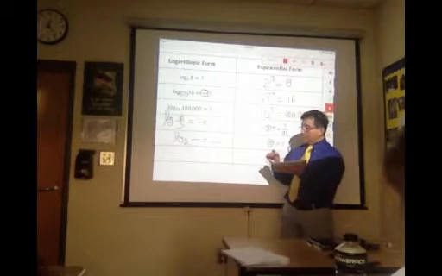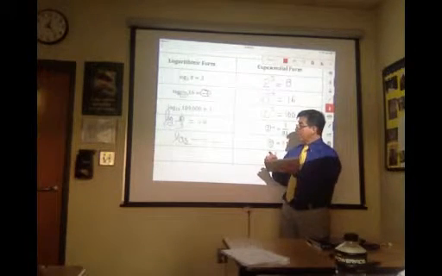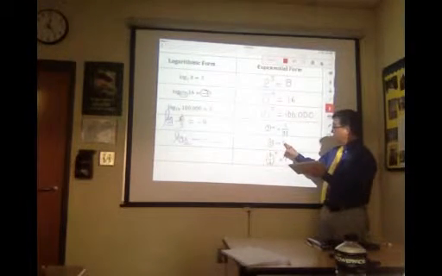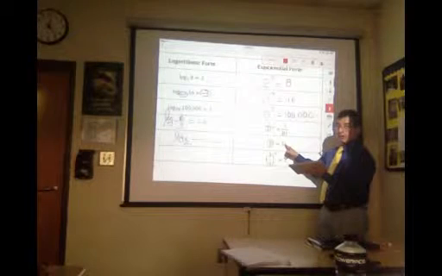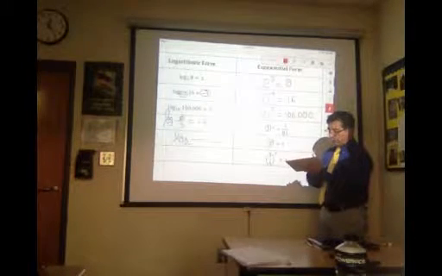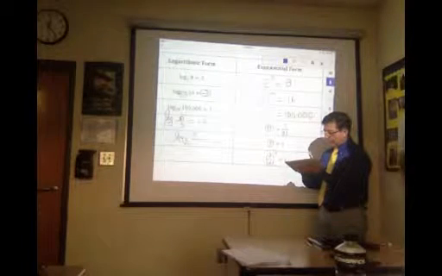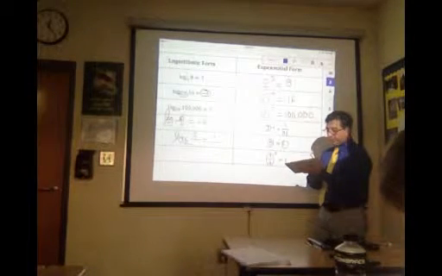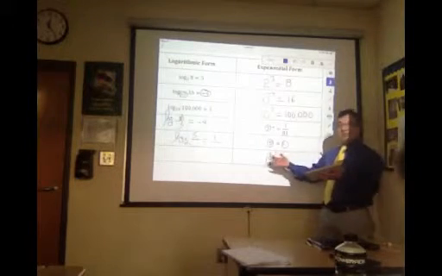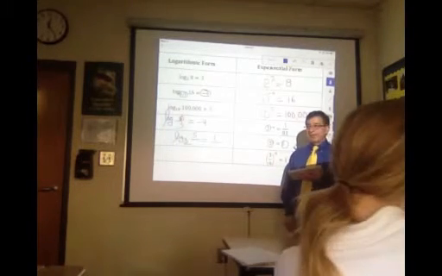What is the argument? 5 equals 1 of 5. So this 5 here is equal to the power. Always the exponent is on the other side.